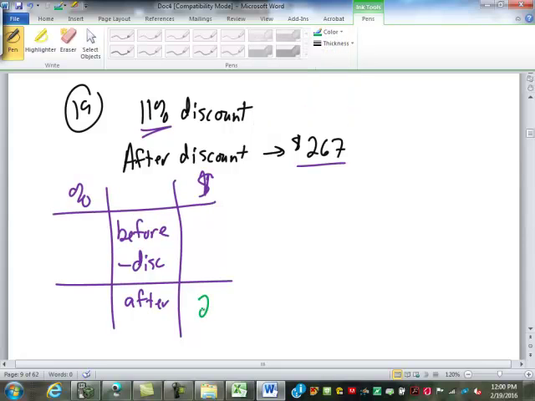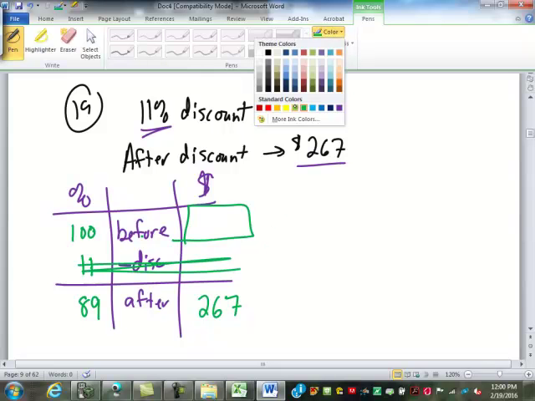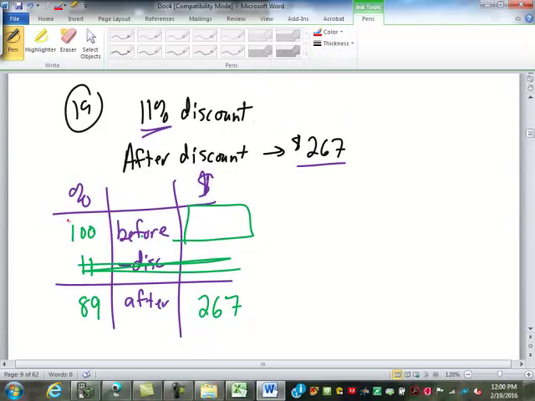We know the price after is $267. The discount was 11. Our before price is the whole amount, or 100%. So we're subtracting. 100 minus 11 means the after price, the price that we paid, was 89%. We want to know the price before right here. So I can actually just ignore that middle row, and I'll cross multiply and divide right here in the table. 100 times 267 divided by 89 is $300.